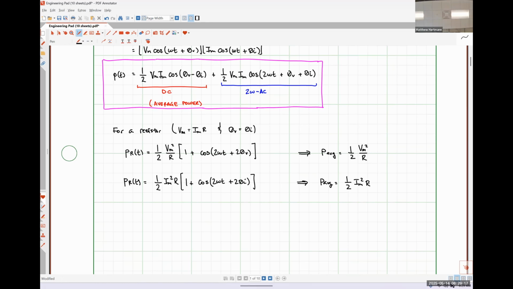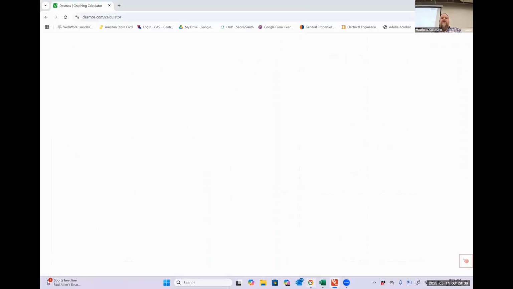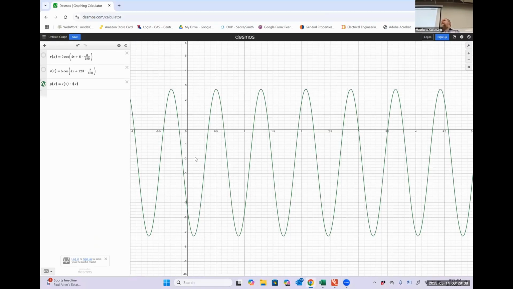So before we move on to inductors and capacitors, I want to throw these relationships into Desmos really quickly and see what things look like here. I'm going to change one thing. I'm just going to make our phase angles equal to each other, right? Because we know that for a resistor, theta V and theta I are the same thing.